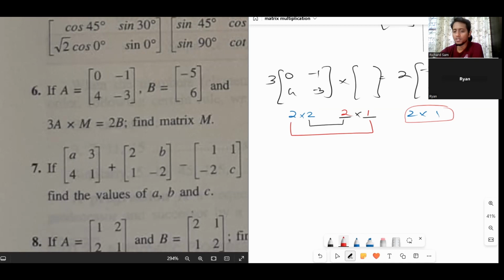Okay, so what we've understood is that our missing matrix M is of order 2 by 1. That means 2 rows and 1 column. So we will put some variables in place of that matrix because we don't have the values.